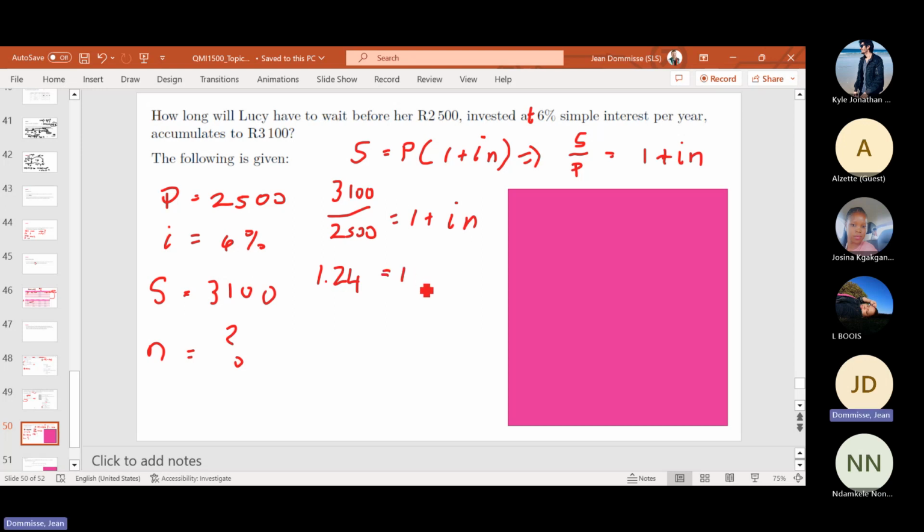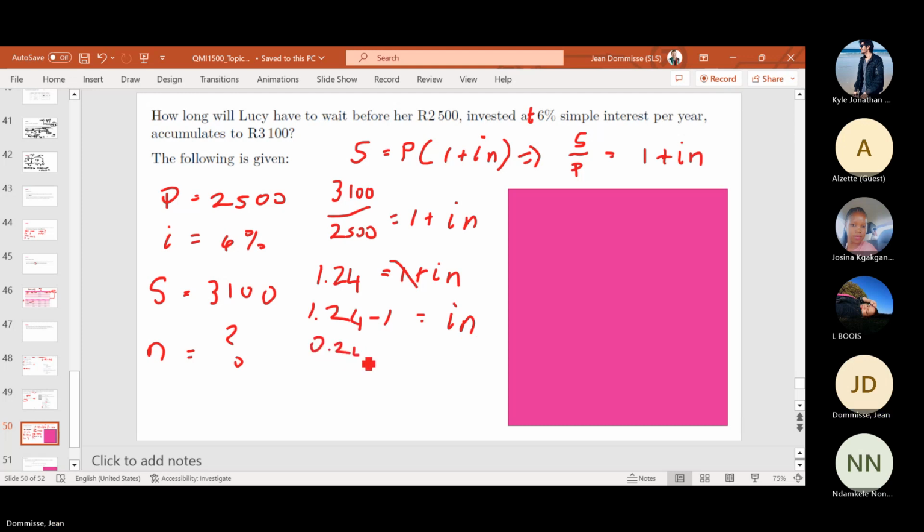And that is equal to 1 plus i times n. Then we want to make this a bit simpler, so I will first take 1 away on both sides. On the left-hand side, I subtract 1, and if I subtract it on the right-hand side, that will disappear.